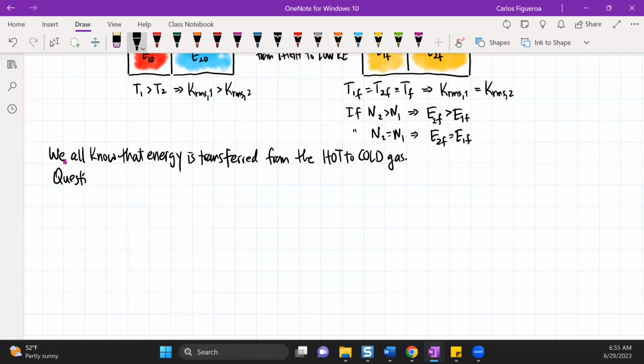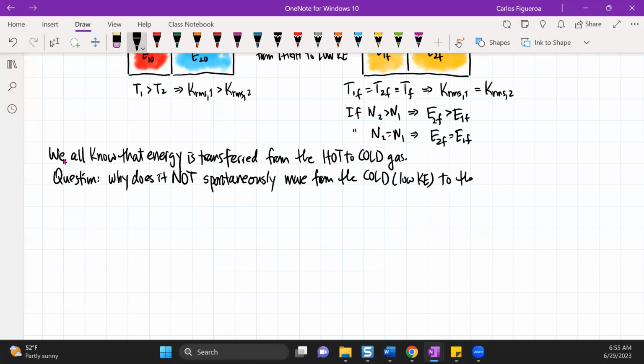Now this begs the question: why does it not spontaneously move from the cold, which is low kinetic energy, to the hot, which is the high kinetic energy region? Why does it move from the hot to the cold?